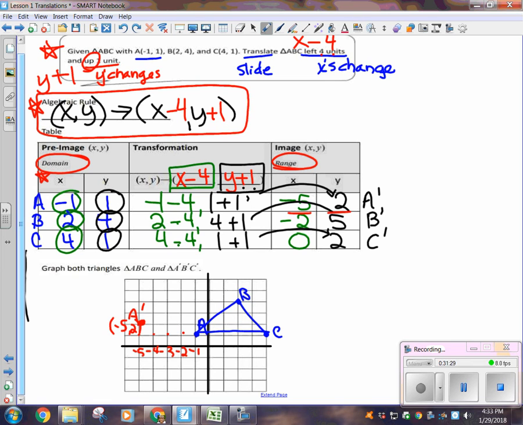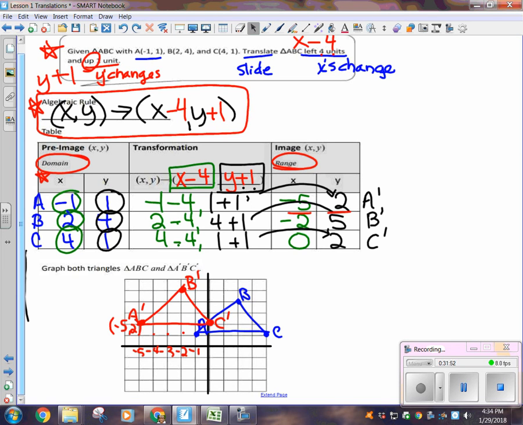So I can either plot the point or I can count it off. Okay, -2, up 5, 1, 2, 3, 4, 5. That should be B prime. And 0, up 2, and that should be C prime.